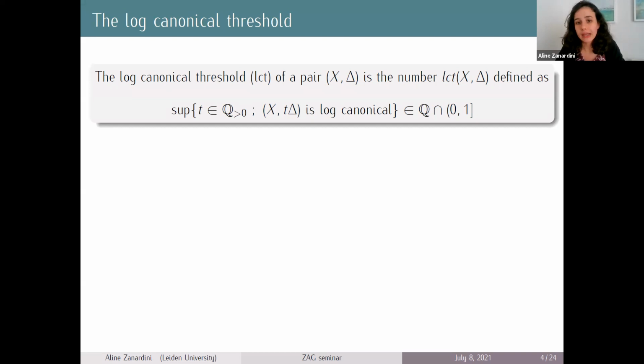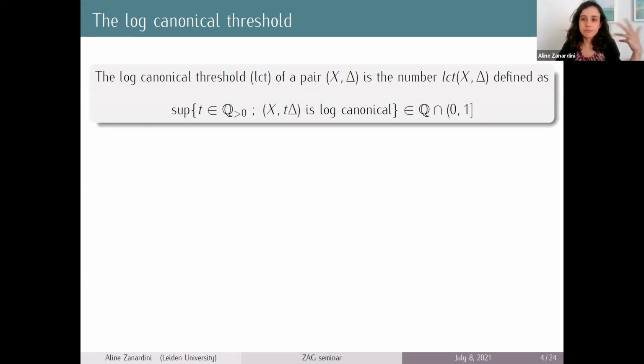Again, for the purposes of this talk, let us think of this property of being log canonical as the right kind of singularities one needs to allow in order to construct compact moduli spaces. So this is the definition, and I'm being a bit vague, but I will present a very concrete example in the next slide, and we're going to see how to compute it for a curve in the plane.